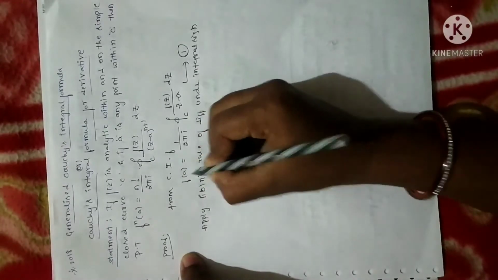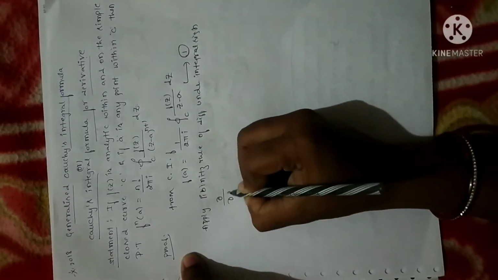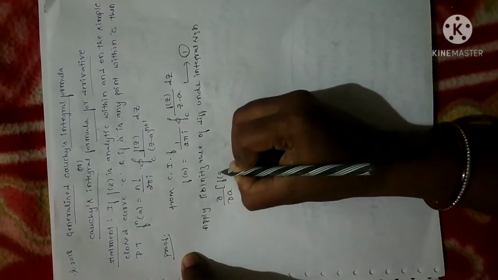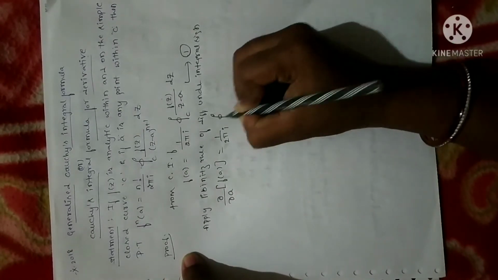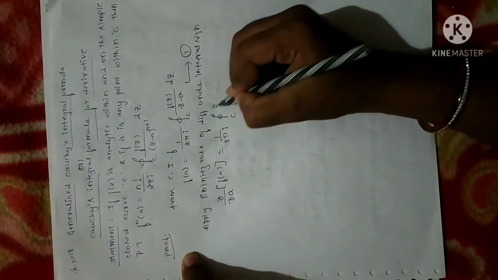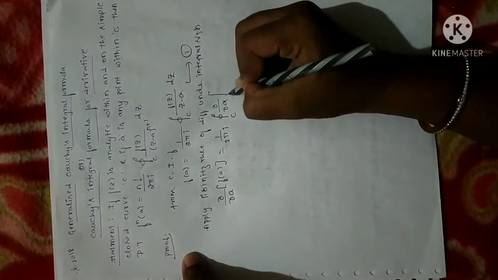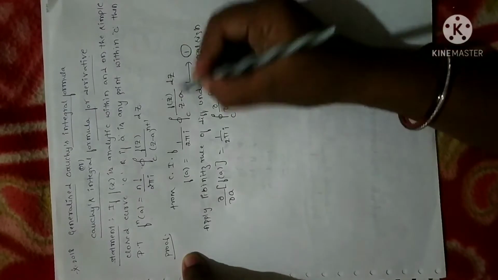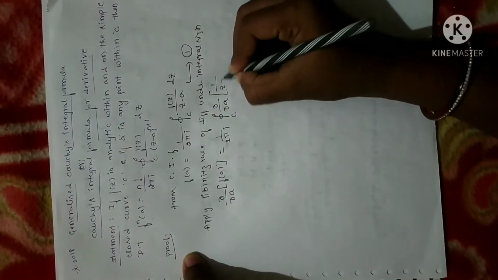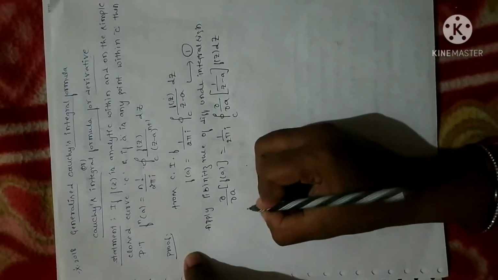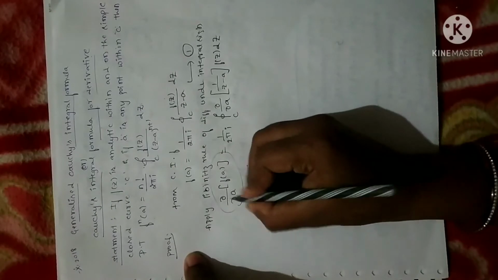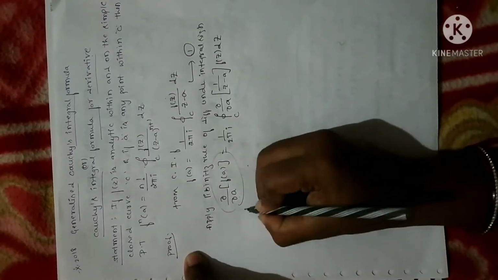Since we are differentiating with respect to a, I can write del by del a of f of a is equal to 1 by 2 pi i, which is constant, let me write as it is, integral over C. Now let me differentiate del by del a of, since f of z is independent of a, I can take this outside. So I can write 1 by z minus a, f of z outside, into dz. Fine. Now let me write one more step. Del by del a of f of a is none other than f dash of a.